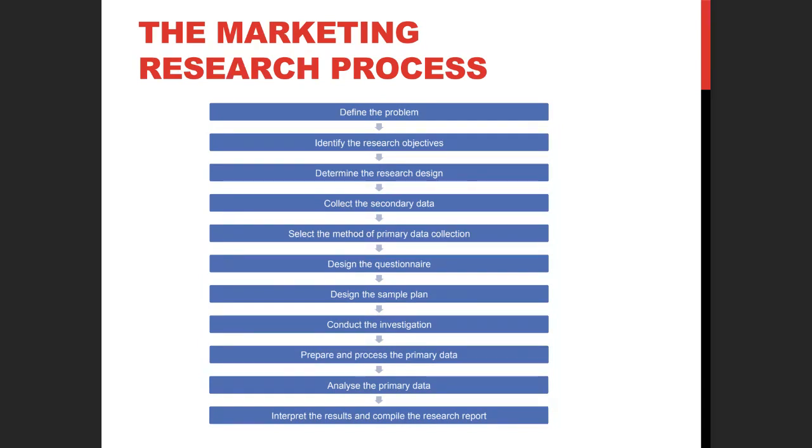So many times it is advisable to actually go for a sample, whereby you choose a way in which you choose your sample. But if you are to choose a sample, that sample should be representative of the population.